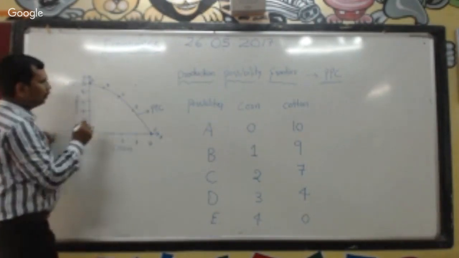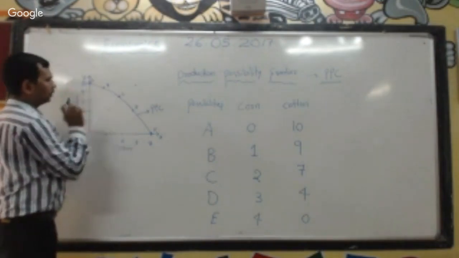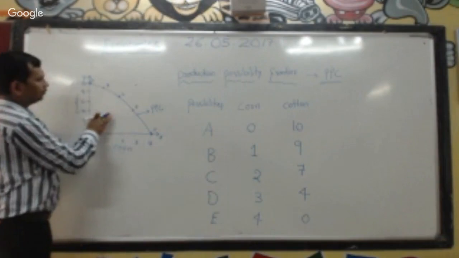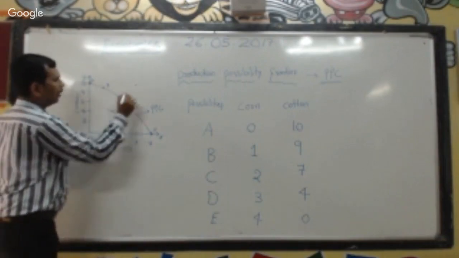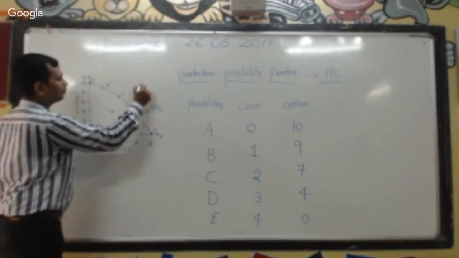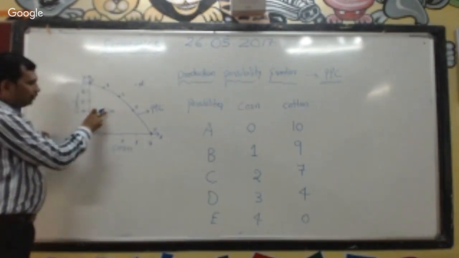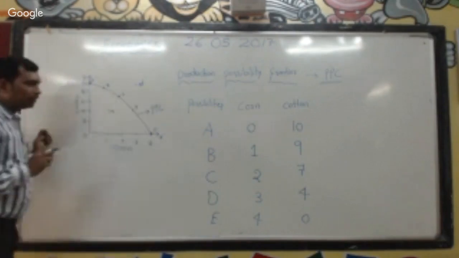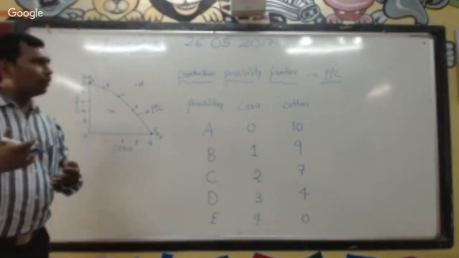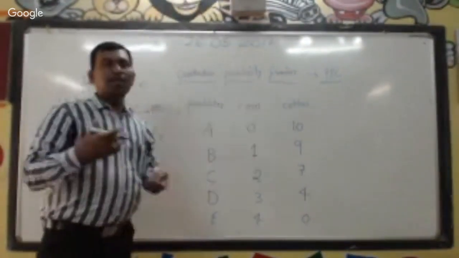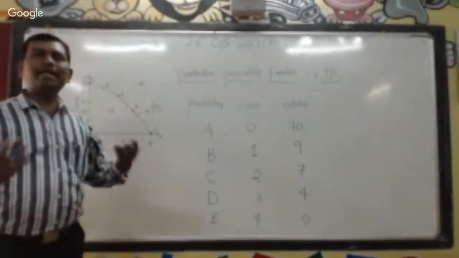For example, you are taking 2 points, M and N. Why is the PPC curve not touching or intersecting M and N? Because whenever we conduct this production possibility analysis, we have to utilize our entire resources.